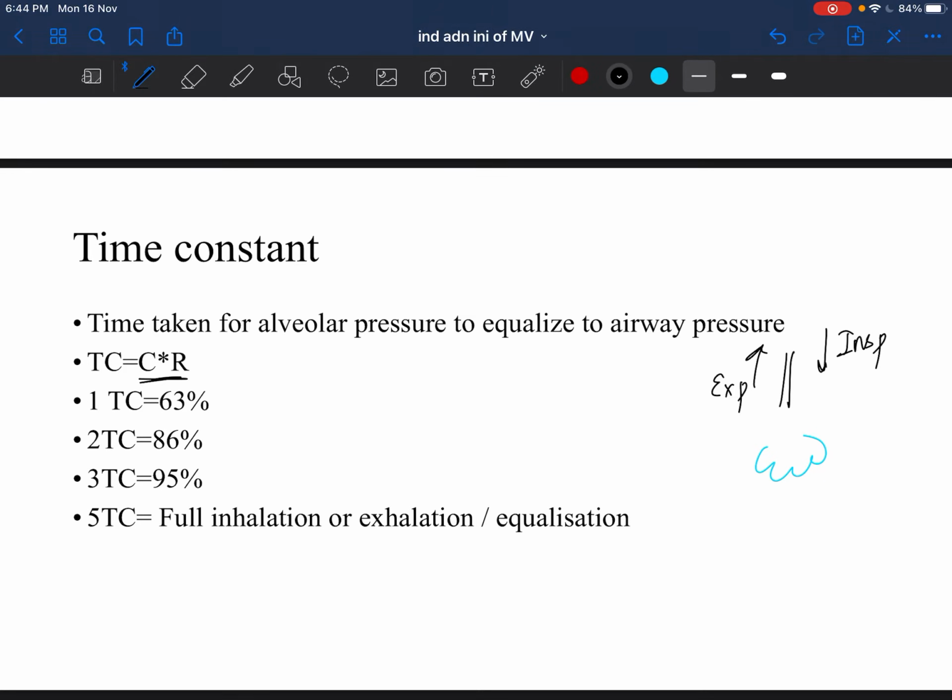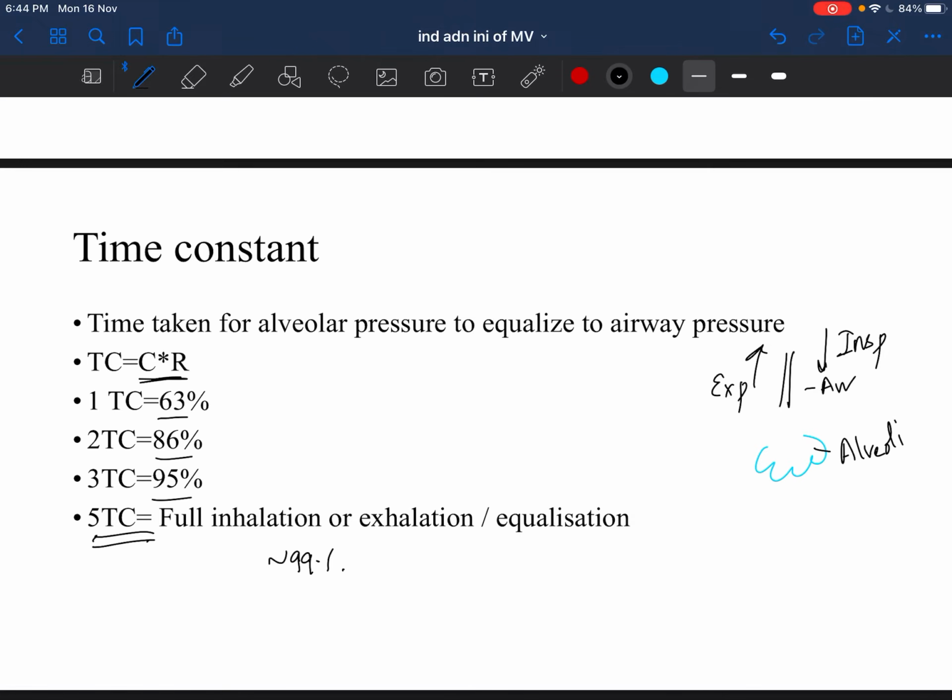One time constant means 63%, two time constants is 86%, three time constants is 95%. So if you give this much amount of time, then you have 63% of pressure being equalized between your airway and your alveoli. It needs 5 time constants to equalize approximately 99%.